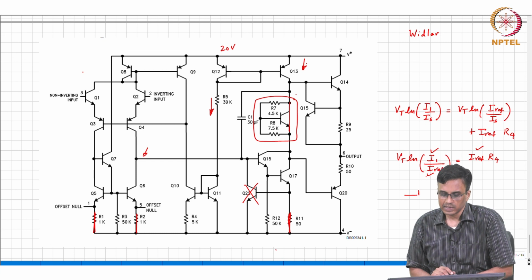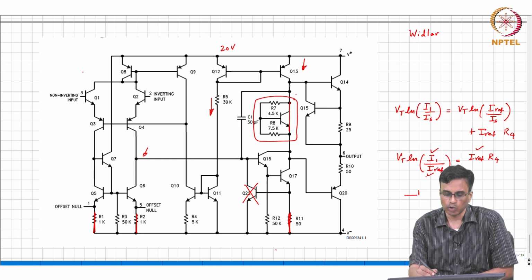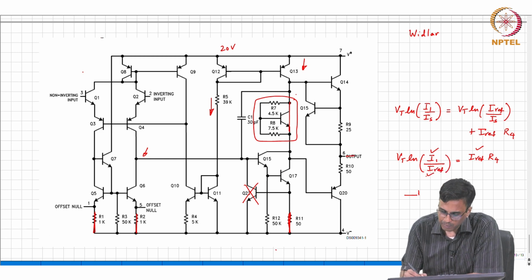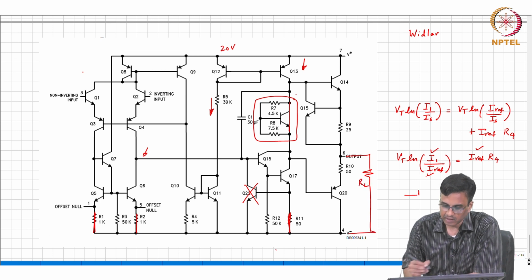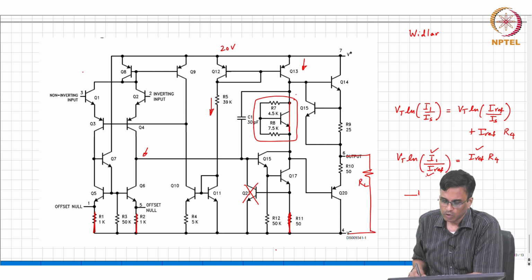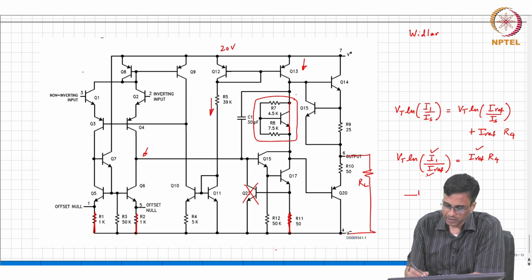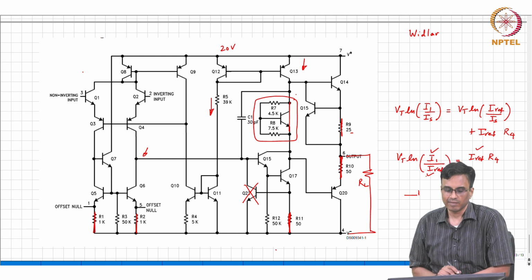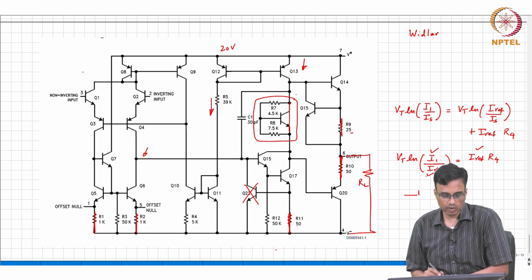So, basically that behaves like a current source load for the second stage. And so, the output basically is through some load resistance, this is RL, which is outside the chip. Again for the time being, these resistors, 25 ohms and 50 ohms, let us neglect. We will figure out why they are needed in just a little bit.